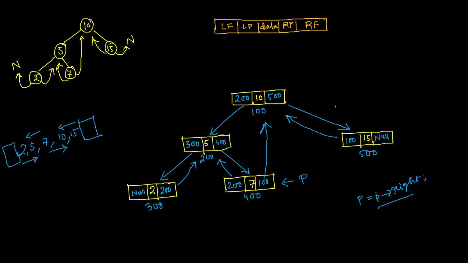So that means this flag will always be updated as soon as a new node gets inserted in the tree. It's not like the whole tree will be created, the threads will be connected, and then the left flag and right flag will be updated. The updating of the left and right flag will be done in each and every iteration at the time of inserting the nodes in the tree.